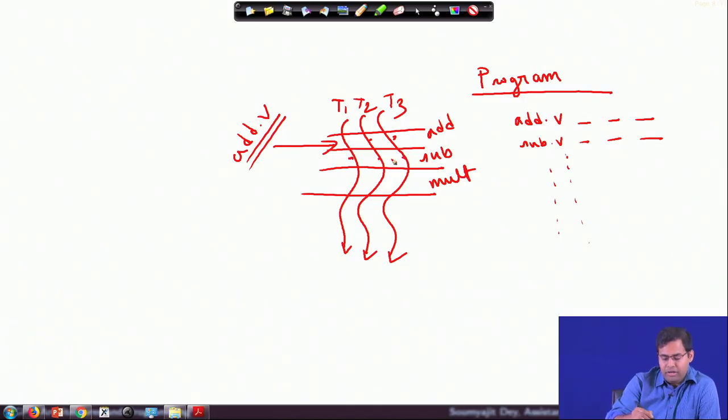And not only that, when this thread is doing the add and the next thread is also doing the add, they are doing the add on consecutive items, working on specific vectors.